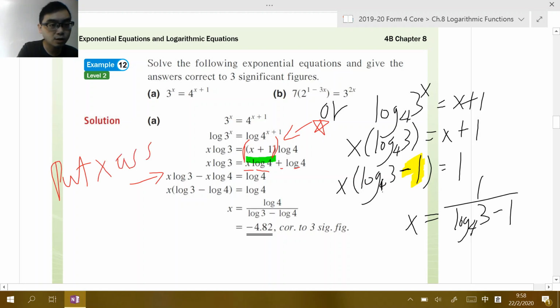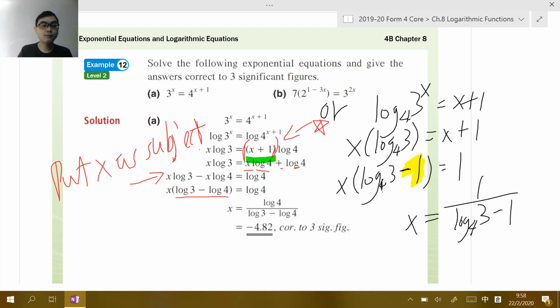So the step we need to do is to write all the x terms to the left hand side. Then we put it on the side and take out the x. Then the things you have taken out would be something like log 3 minus log 4, but you don't need to care because all the things here are without x, so you can just simply divide the whole thing to the right afterwards. Then you will get the number also.